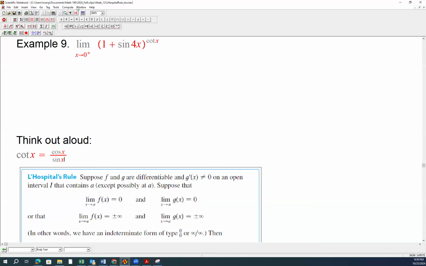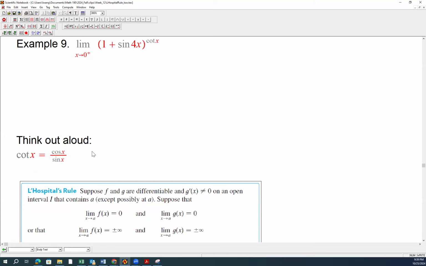The domain of cotangent does not include 0. In other words, when x is approaching 0 from larger than 0, sine x is approaching 0 from larger than 0.